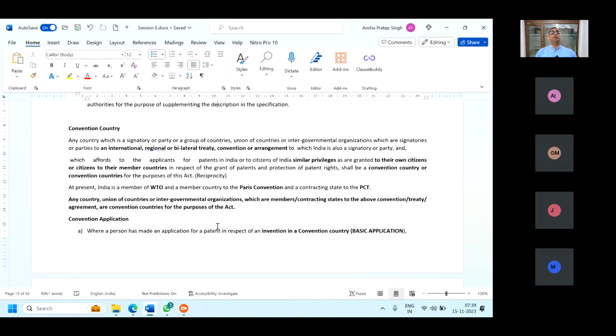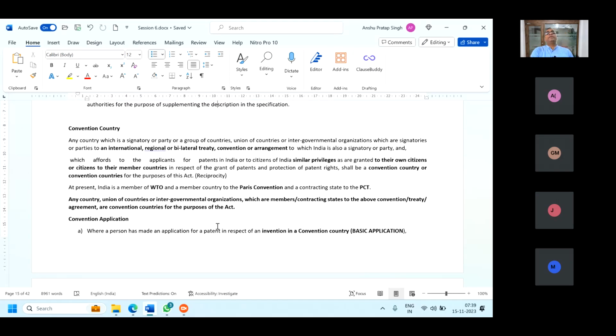So there can be a treaty on the international level in which many nations have signed. There can be a regional one. Regional means, for example, ASEAN. Any agreement between Asian nations can be considered regional because it is related to the Southeast Asian nations.